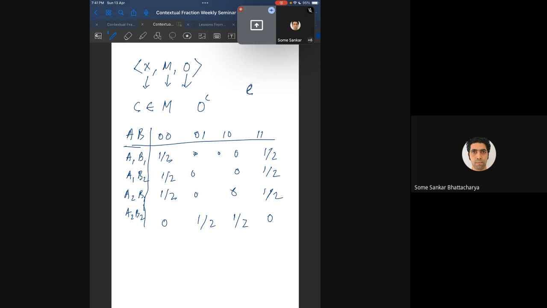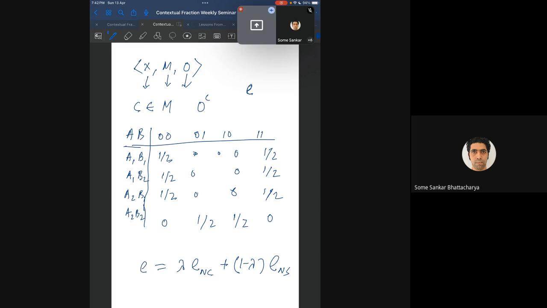So these are all the notations. The last thing where I stopped that day was that any empirical model can be written as a convex combination of an empirical model that is non-contextual and another empirical model that is some no-signaling model.